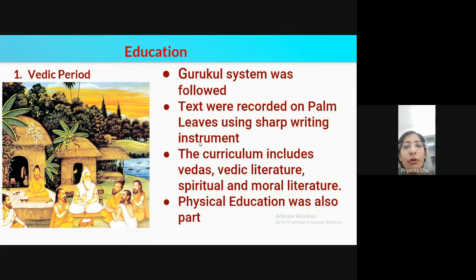The texts were recorded on palm leaves, and a sharp writing instrument was used. The curricula included Vedas, Vedic literature, and physical education was part of this curriculum. In physical education, we preferred jumping, hunting, wrestling.